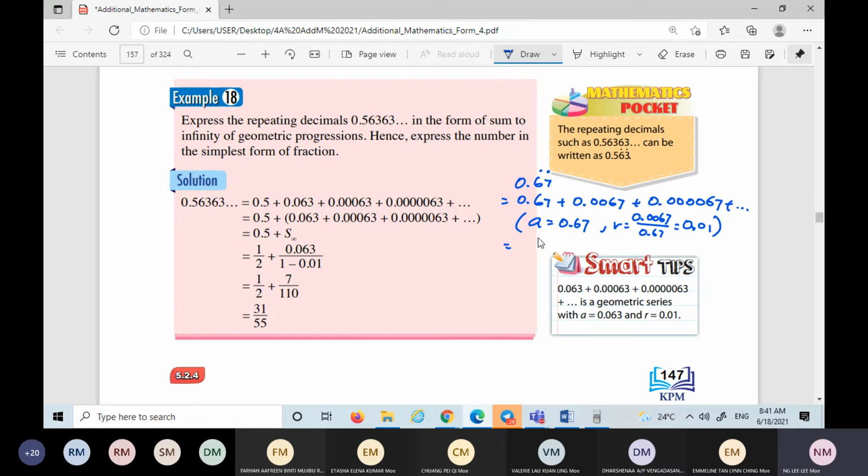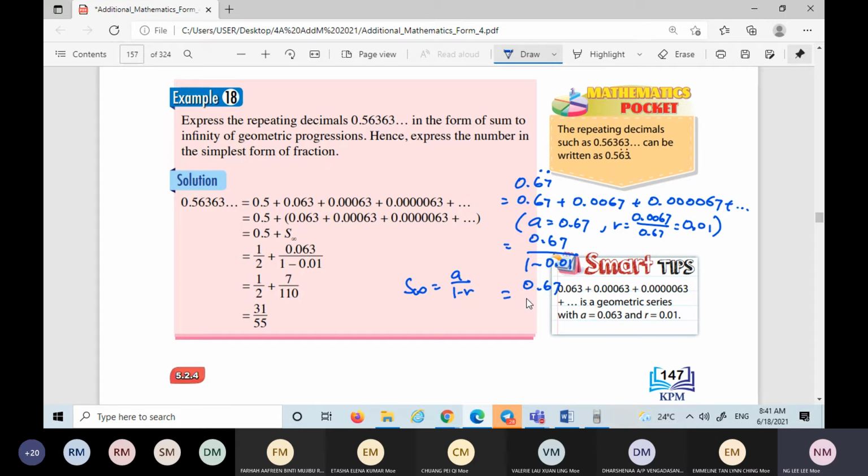For S infinity, the formula is A over 1 minus R. A here is 0.67. 1 minus R is 1 minus 0.01, which is 0.99.